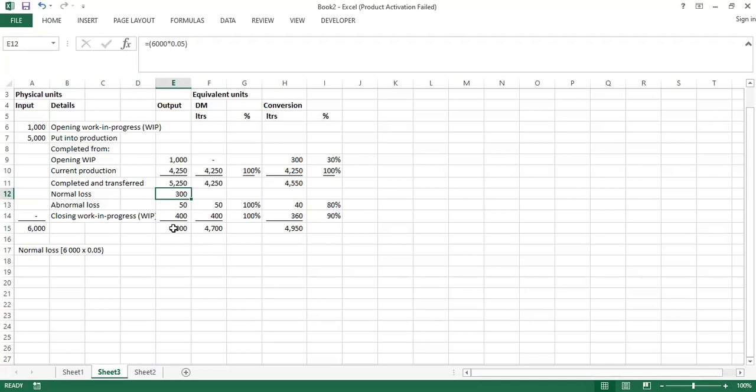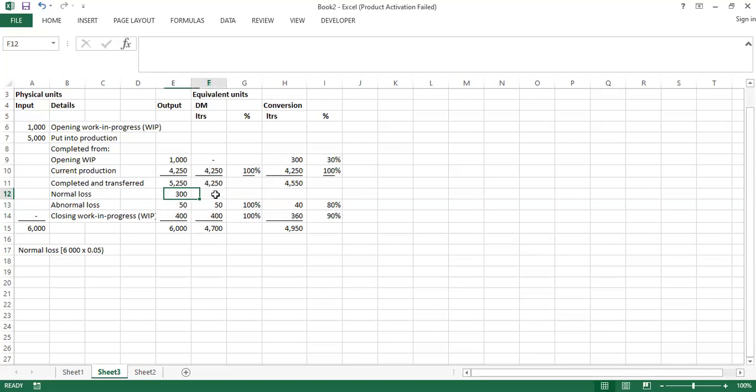If there's any discrepancy there, then it has to fall under an abnormal loss, which can be either an abnormal loss or an abnormal profit. An abnormal loss would be a negative. It means for some reason our liters would have gone over what we expected, so that would become an abnormal gain.